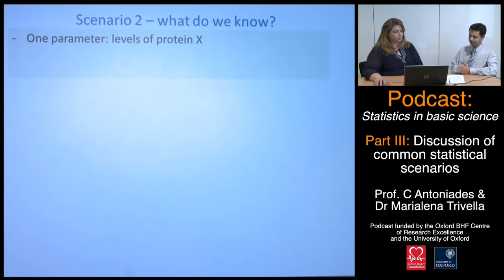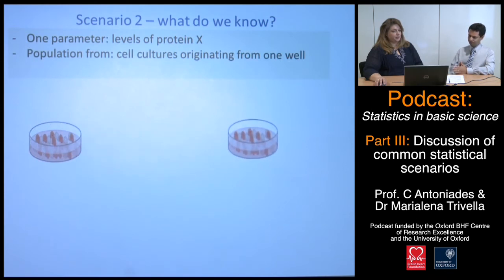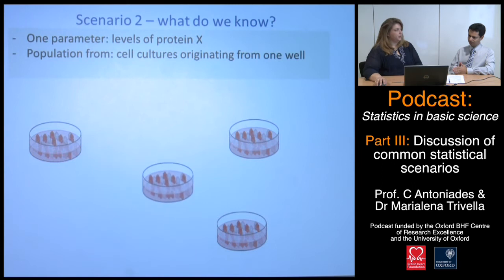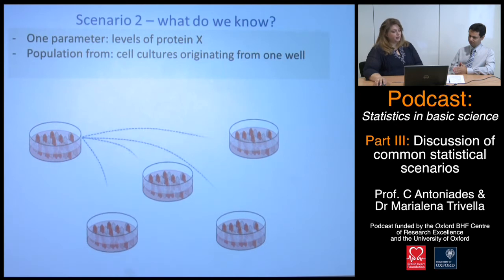Again, we have one parameter here, the levels of protein X, and we will get our population from cell cultures originating from just one well, so they're going to be divided further to have a total of 5. The important clue here is that all wells are related to each other. In other words, all cells come from the original population of cells.